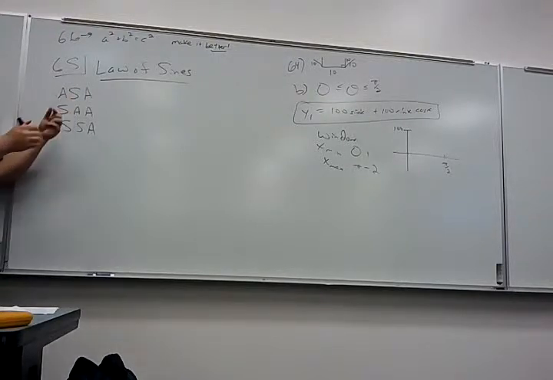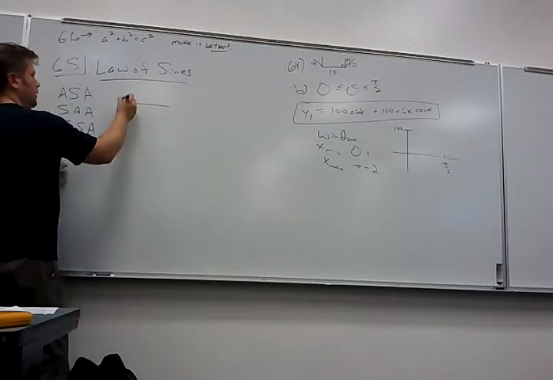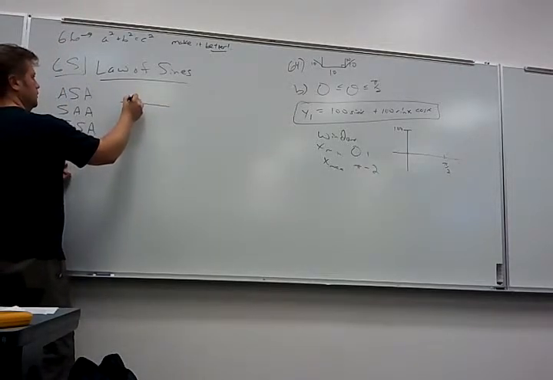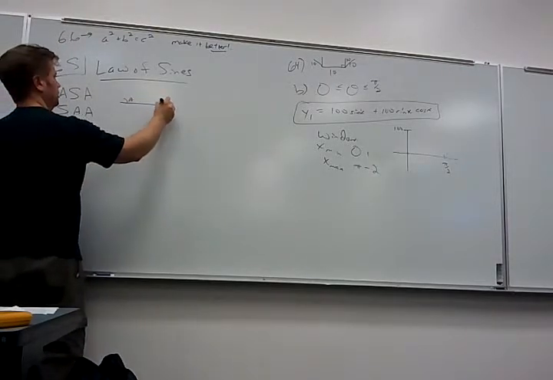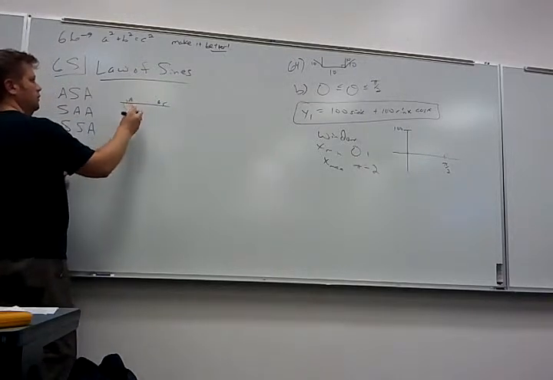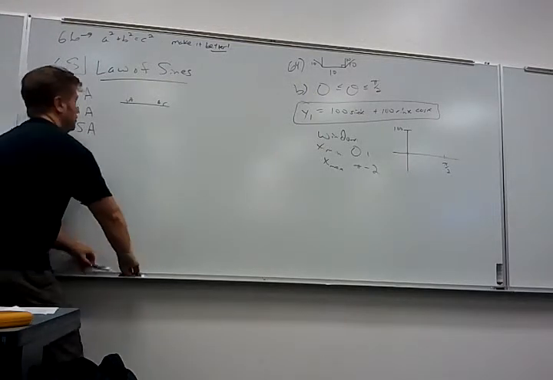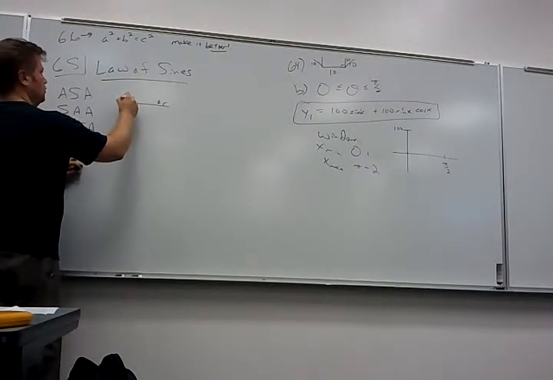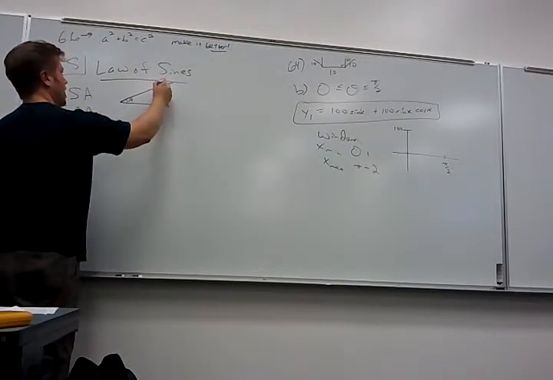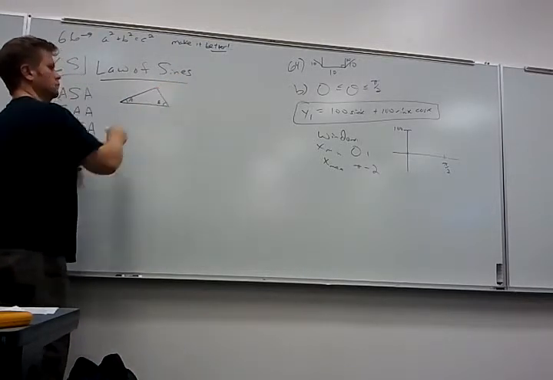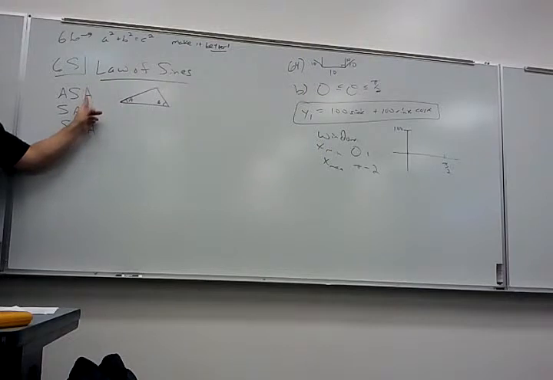If somebody gives me a side and 2 angles, angle A and angle B, then that defines a triangle, if you think about it. Because if you put this side too long, then that side's going to, there's only one way it could be. So in black are the parts they would give me: angle, side, angle.